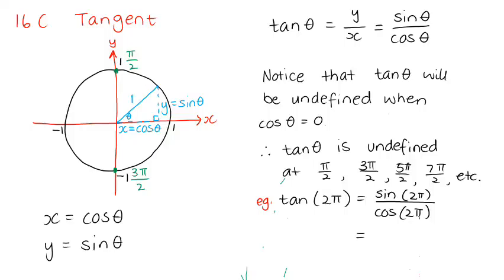What is the y value at 2 pi? This here is pi, this here is 2 pi. And what's the x value at 2 pi? 1. So 0 divided by 1 is 0. So tan 2 pi equals 0.